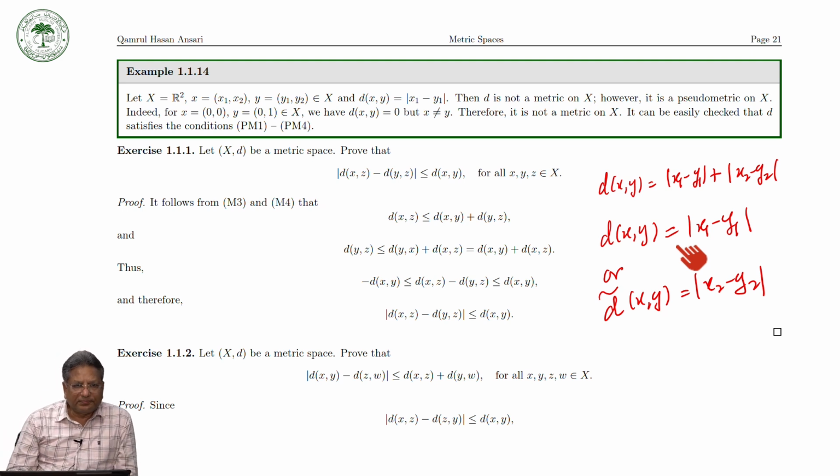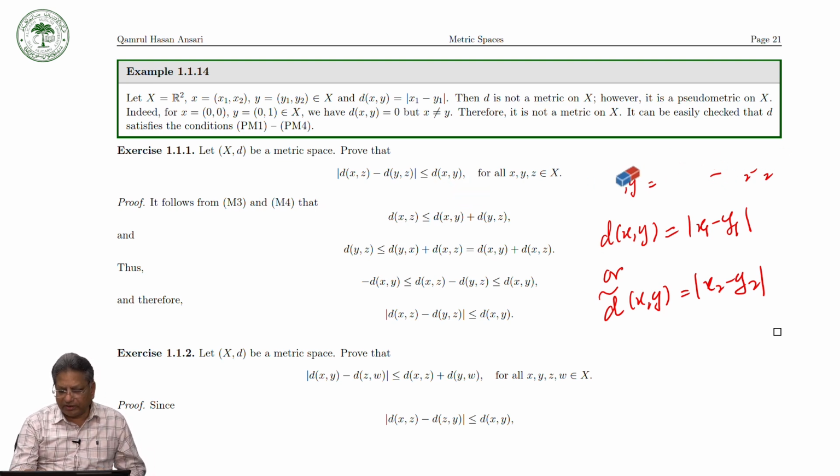So first, suppose (X,d) is a metric space, then prove that this inequality holds: mod of d(x,z) minus d(y,z) is less than or equal to d(x,y). This you can prove very easily.